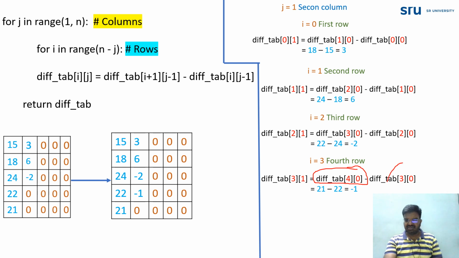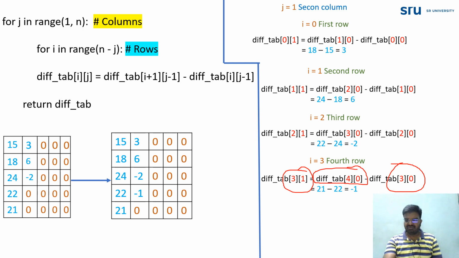Next, 3, 0. 3, 0 means fourth row, first column. It is 22. So 21 minus 22. Now we have to save the result. What is that position here? This is fourth row, second column. Fourth row, second column means the index is 3 comma 1. So we have to save the result in the 3 comma 1 position. With this, all calculations are completed in the first column.